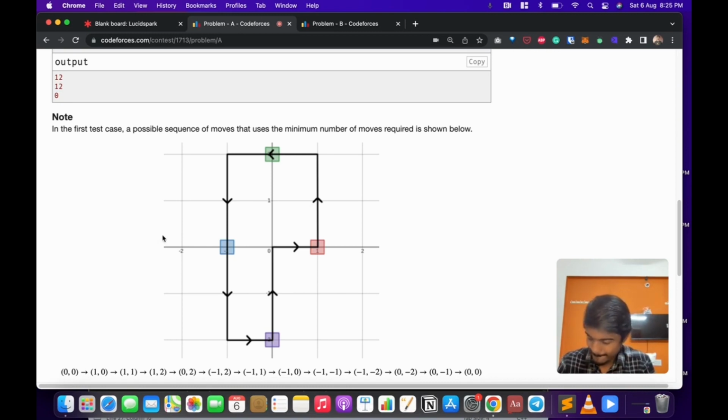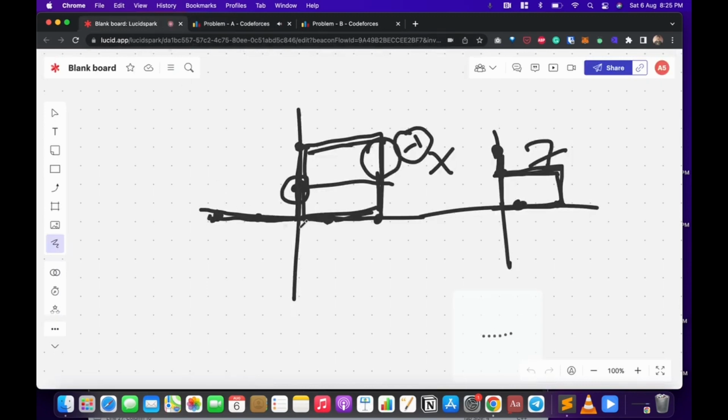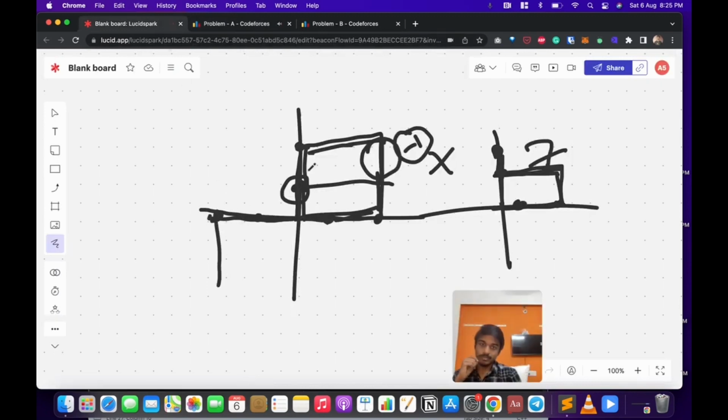So I'm just thinking of a case where I should pull from here and come here. Instead of going from here, I move here. So I can avoid this duplicate, right? Yeah, so here, take all this way, come here.